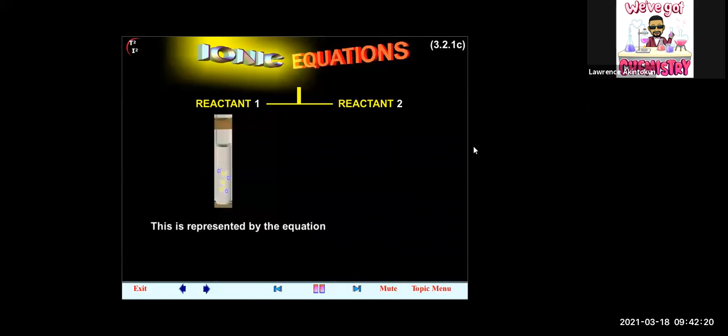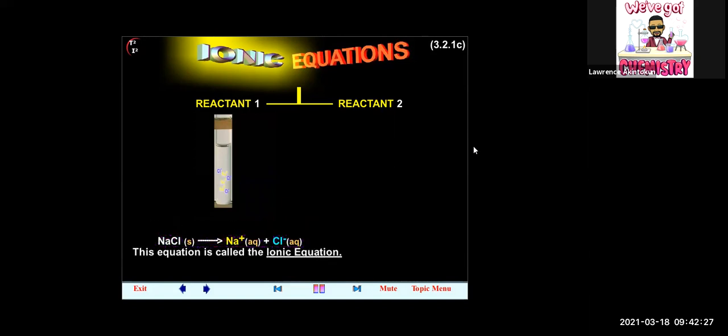This is represented by the equation. This equation is called the ionic equation.